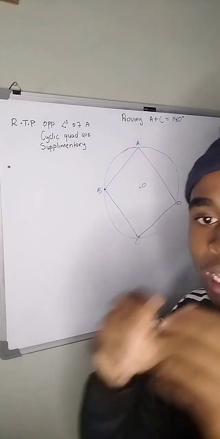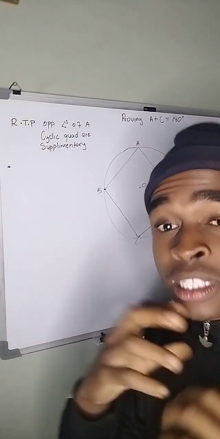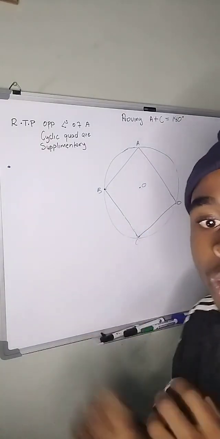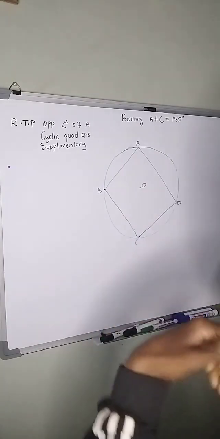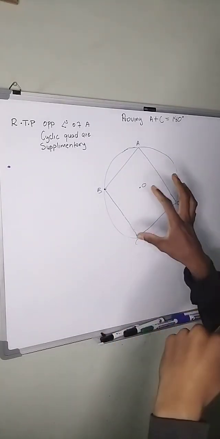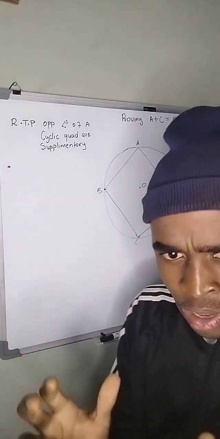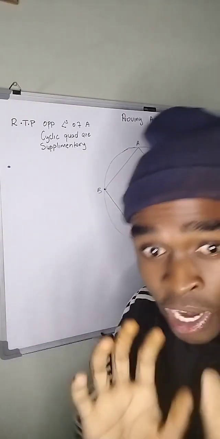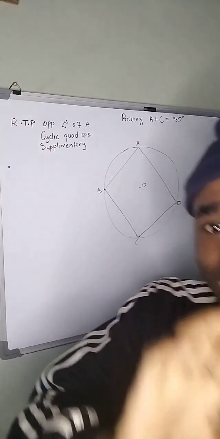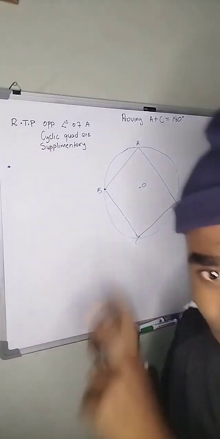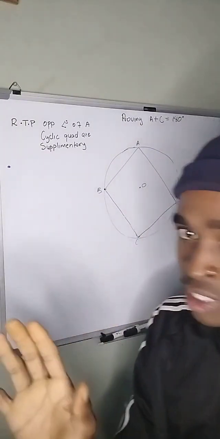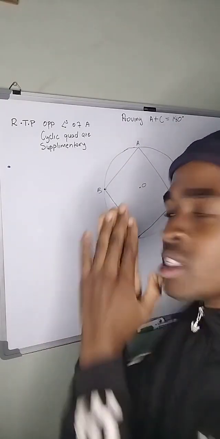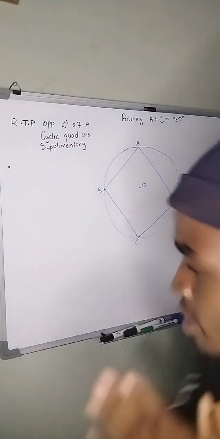You construct when you are asked to prove a theorem, because when you've been taught about proving this theorem, you are allowed to construct. But whenever you are solving equations using the conditions of a cyclic quadrilateral, no construction is needed. But now you are going to construct.